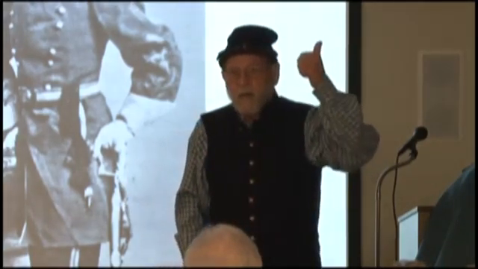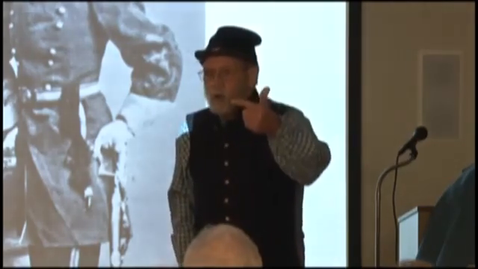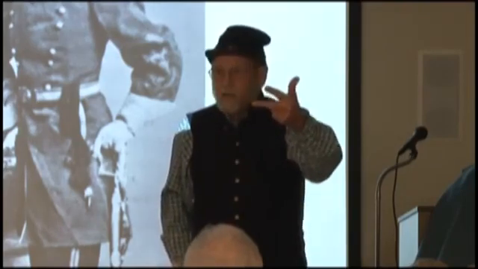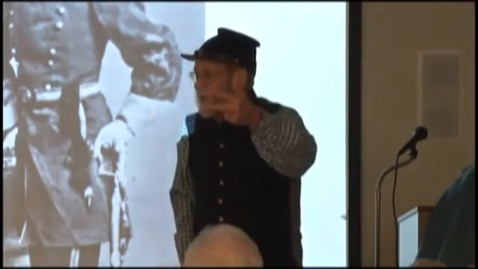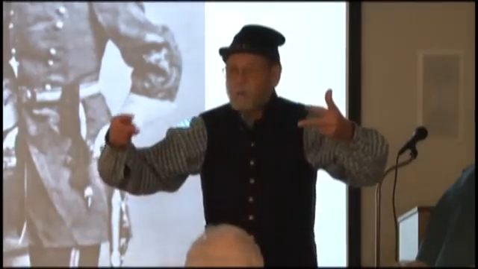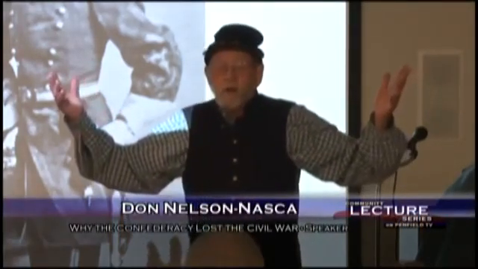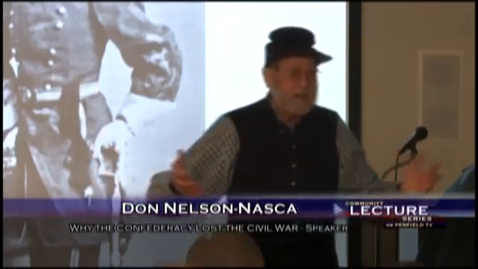And so now on the north, we've got Grant, Sherman, Tecumseh Sherman, and Phil Sheridan. Three very effective generals. And on the south, we've got Bragg and Hood, and they're worthless, but they were good buddies of Jefferson Davis, and he kept them on.